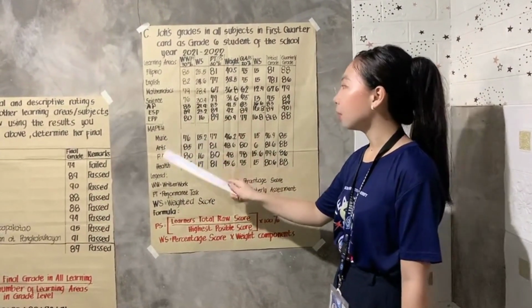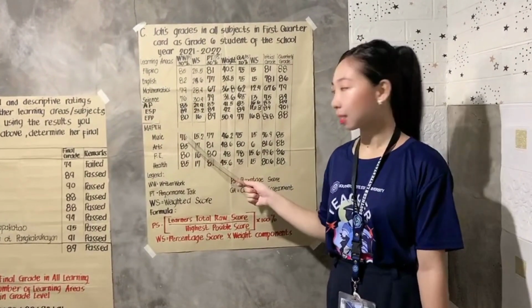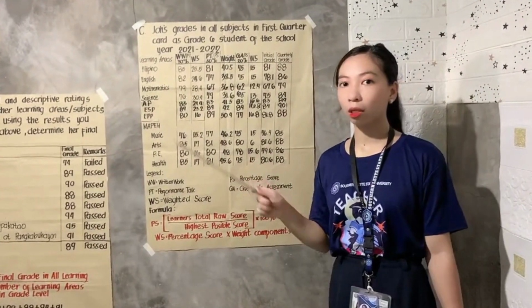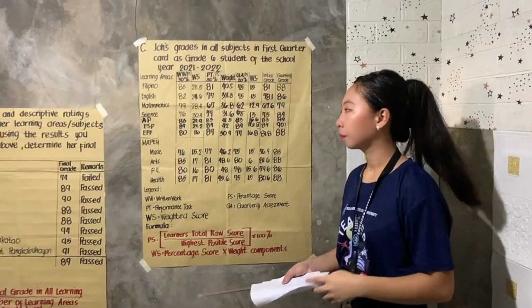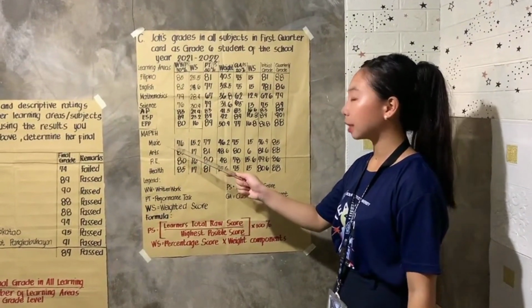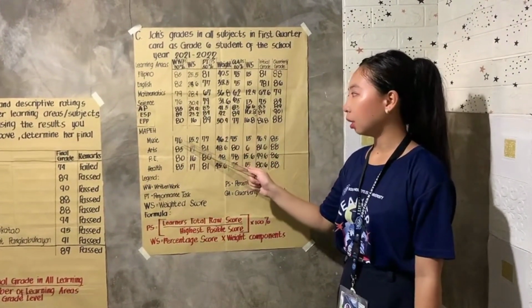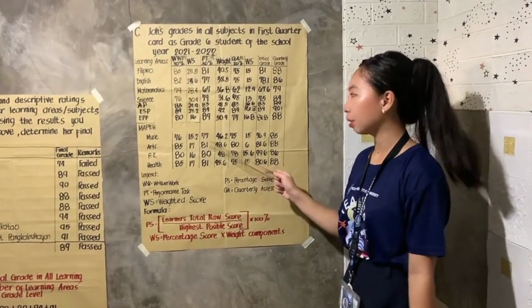In music, he got 76 percentage score, multiplied by 0.30, he got 15.2 as a weighted score.